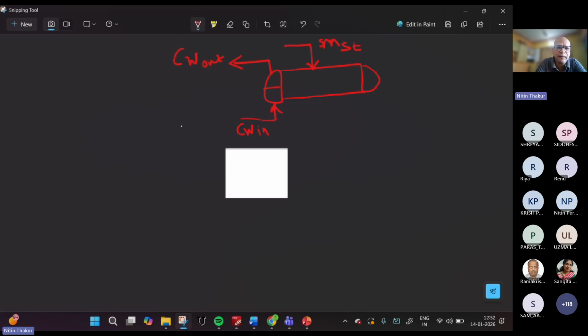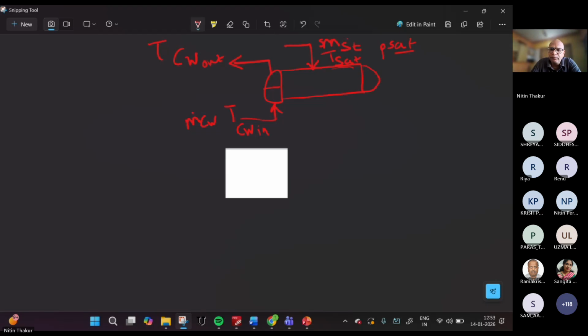This is the mass flow of cooling water, and these are the temperatures. There is this saturation temperature, and there is PSAT, which is the operating pressure, and at this saturation pressure we have the saturation temperature. And this is the mass flow of the steam coming from the steam turbine.